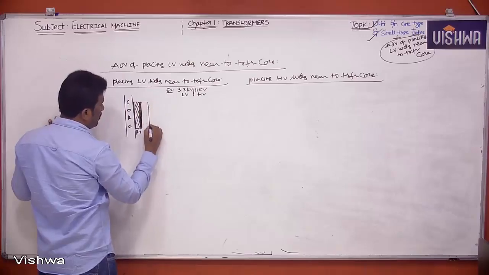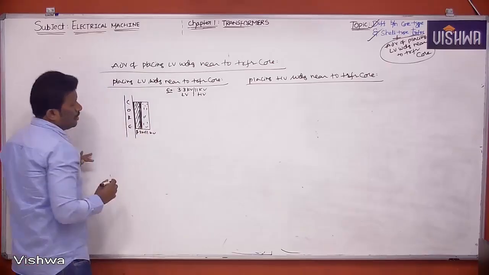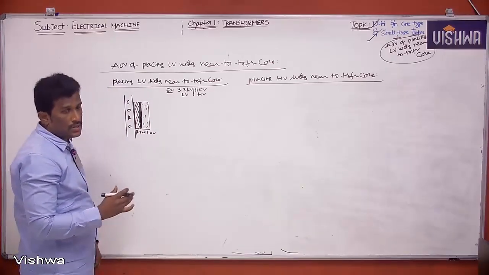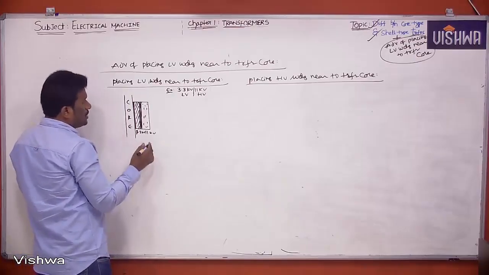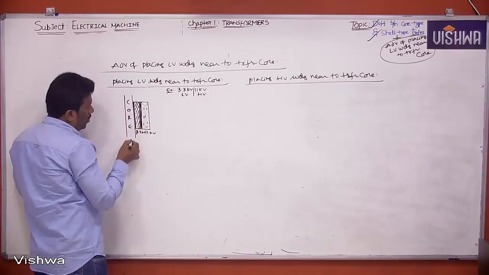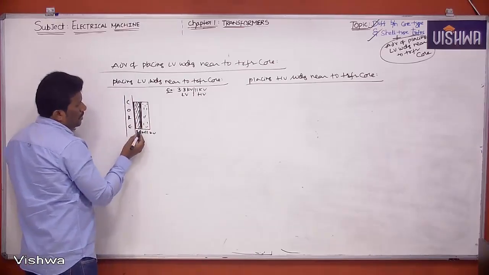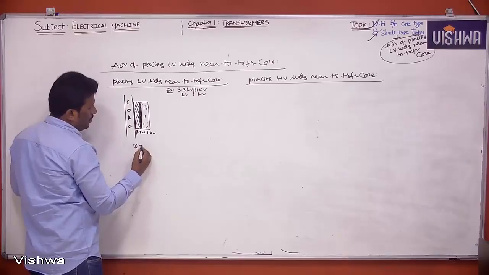And this is the high voltage winding, 11 kV. Tell me how much insulation is required here for this example. Let me take the core as 0 potential; the low voltage winding is 3.3, so the difference is 3.3 kV.